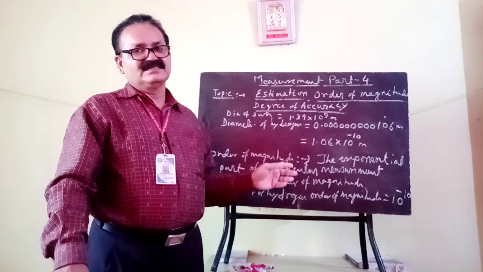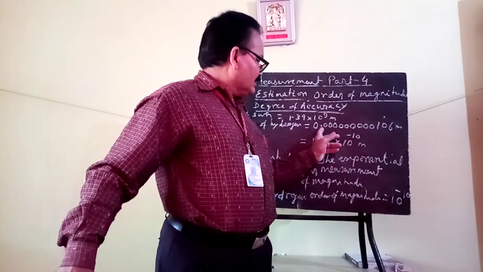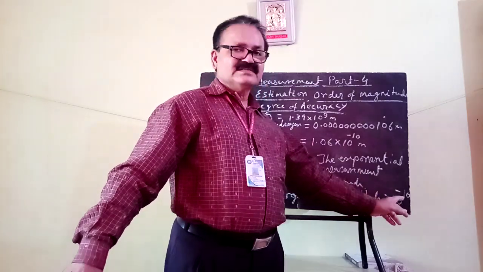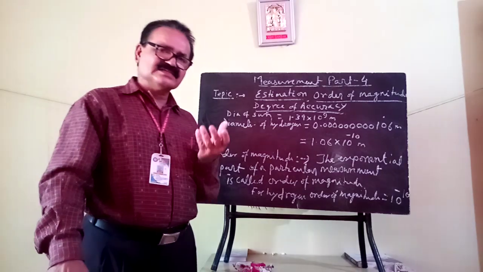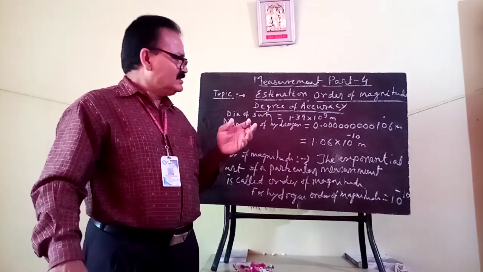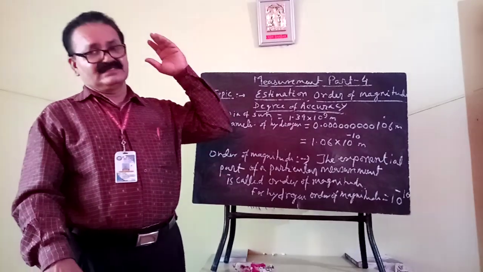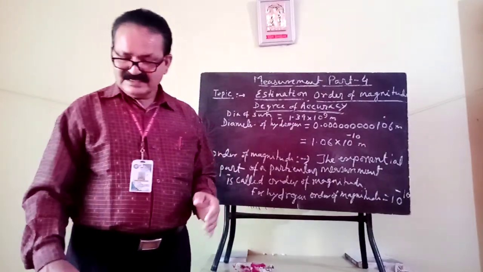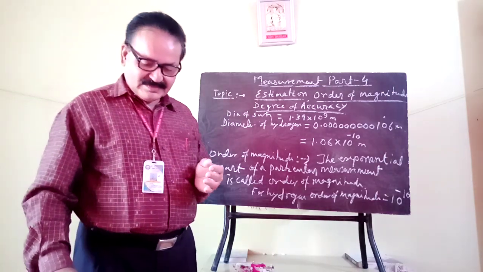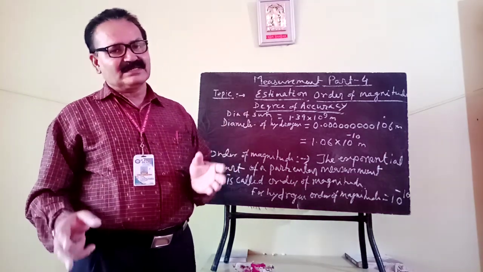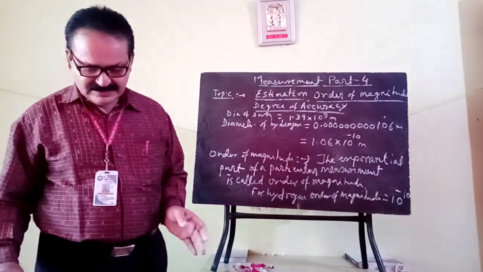If the exponential part is negative, it is such a smaller quantity, that means the measurement is taken even after so many times of 100. Is it clear to you all? So the degree of accuracy means how far a physical quantity can be measured without any ambiguity or without any fault.